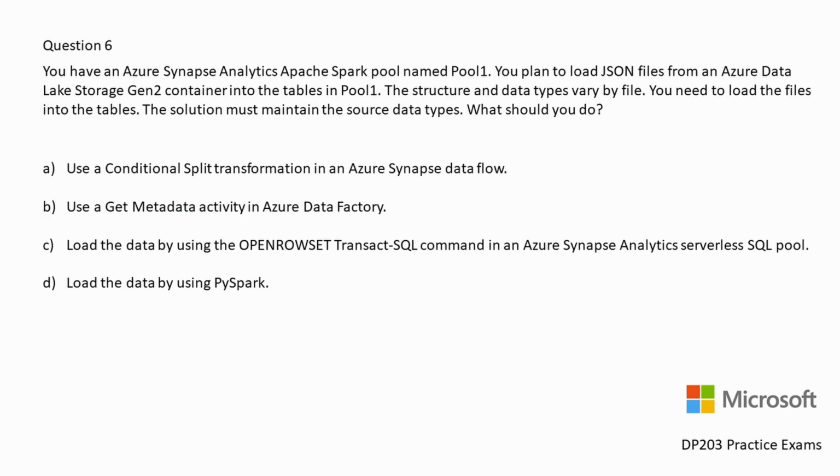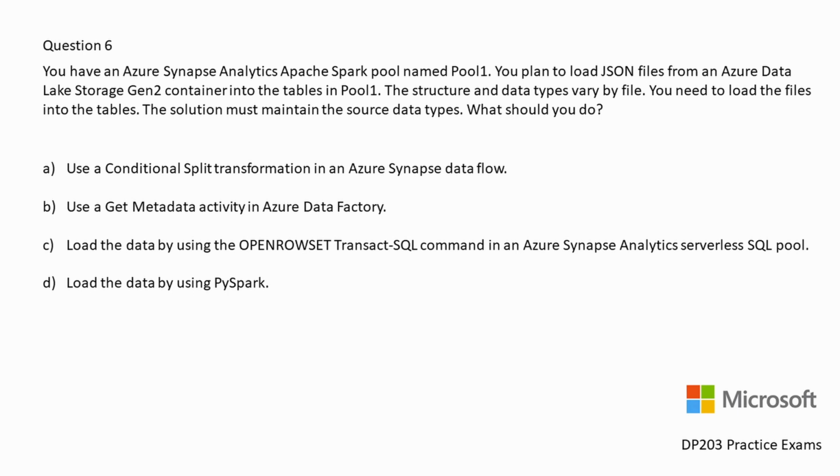Question 6. You have an Azure Synapse Analytics Apache Spark pool named Pool 1. You plan to load JSON files from an Azure Data Lake Storage Gen 2 container into the tables in Pool 1. The structure and data types vary by file. You need to load the files into tables. The solution must maintain the source data types.